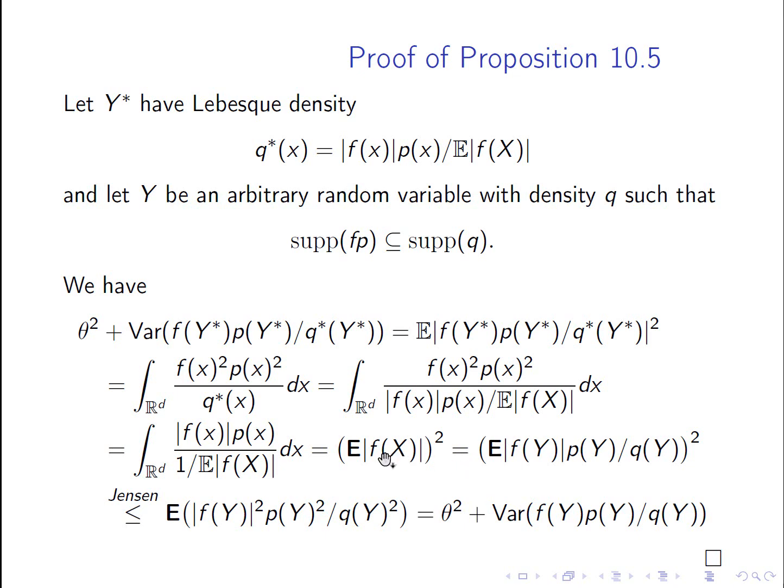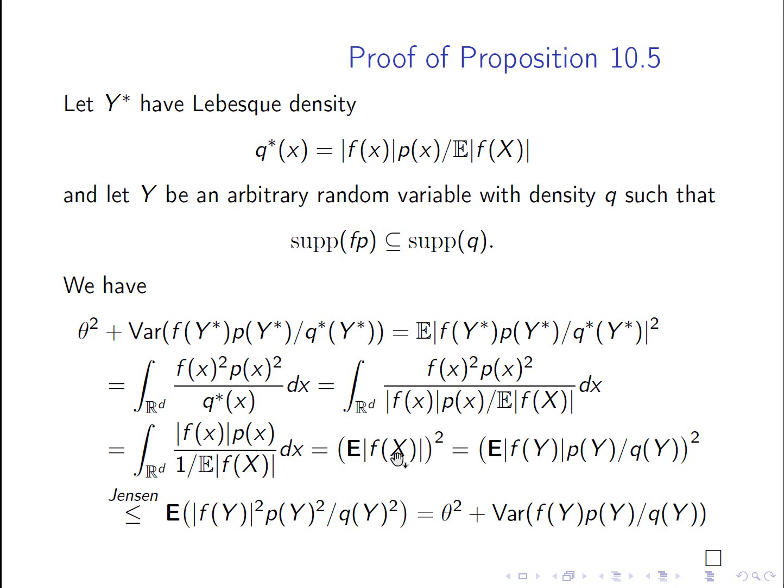Okay. Now let's recall that y is an importance sampling estimator. So what we are having here, if you ignore the squares first, is the expectation of the absolute value of f applied to x.